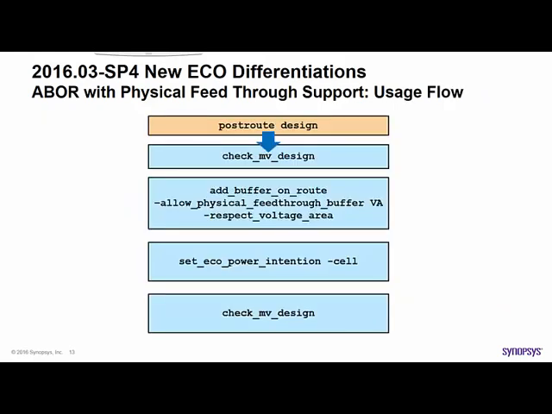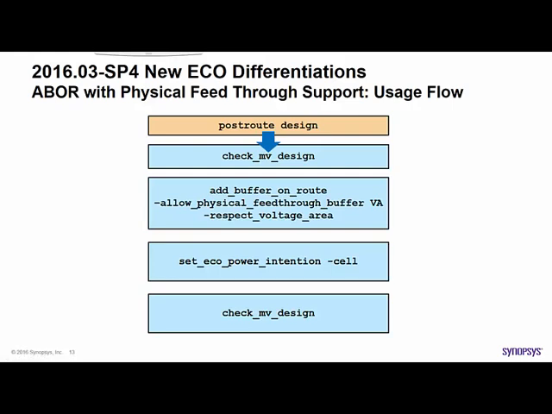This slide shows the suggested usage flow. Starting from a post-route design database, the user can do a check and redesign first, and then use add buffer on route with the intended options.